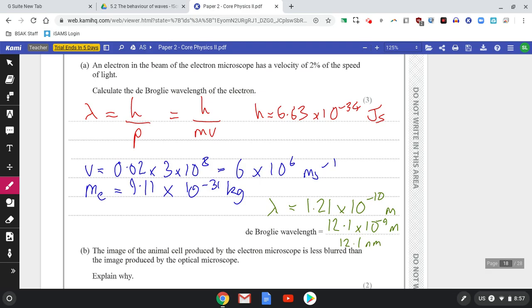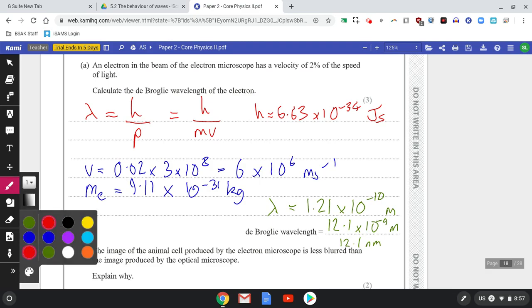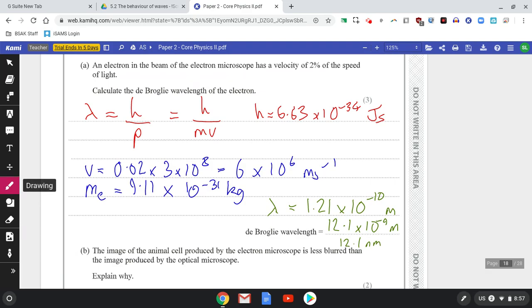The range of wavelengths in visible light goes from short wavelengths, 400 nanometers, up to the top end, 700 nanometers.